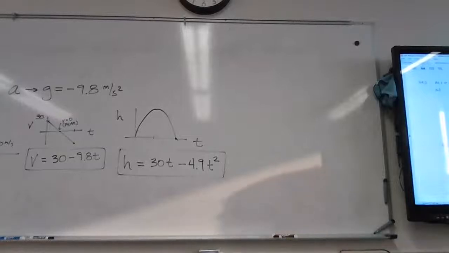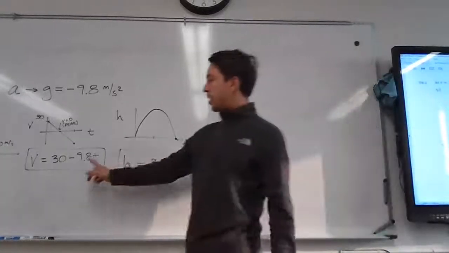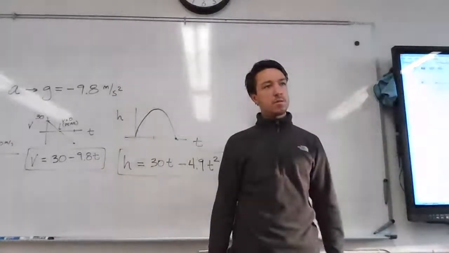Is B a tough question or an easy question? Once you know what to do, it's easy. It's tough if you're just like, well, I don't know what I'm looking at. But if you know what it's asking, then you're like, oh, I have a how fast am I going function, right? If I just plug 2 into this, it'll tell me how fast that's going.